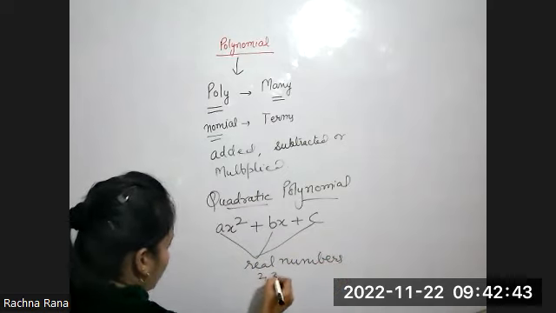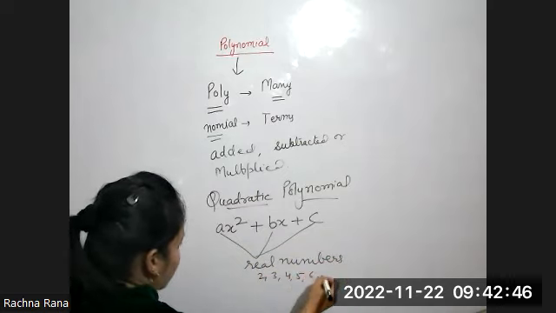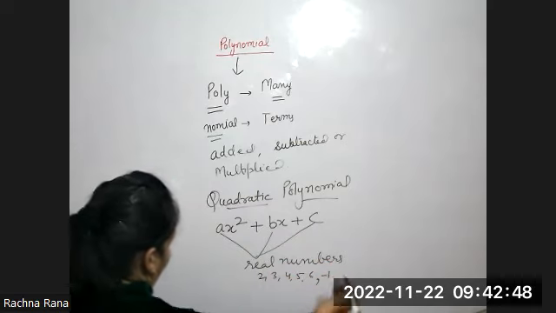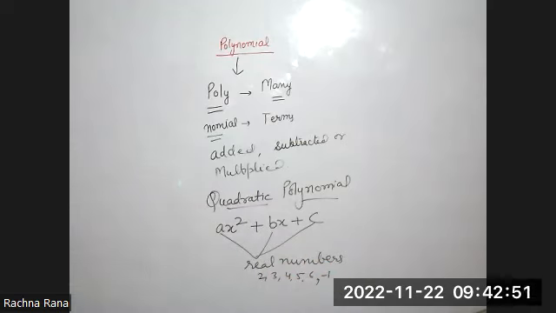Whether they are 2, 3, 4, 5, 6, -1, anything, they should be real numbers. With a not equal to 0, here a cannot be 0. If it is 0, then it will not be a quadratic polynomial.